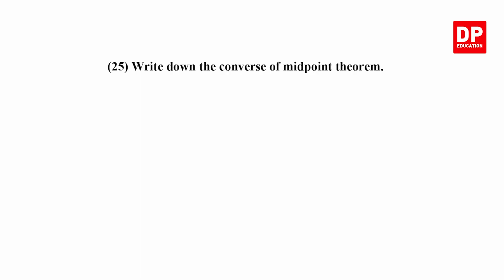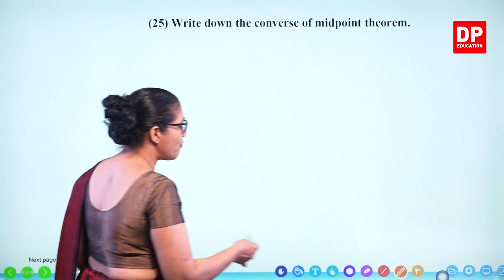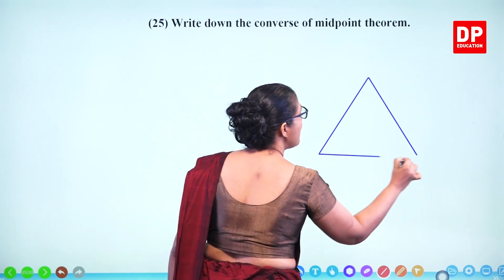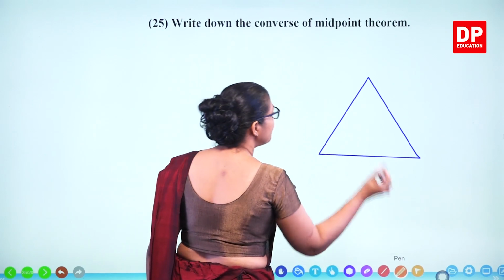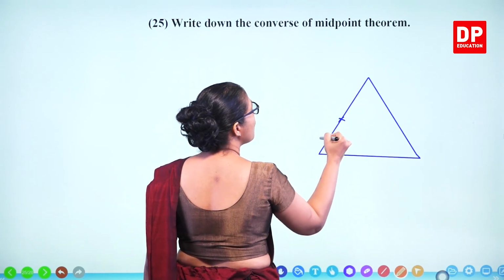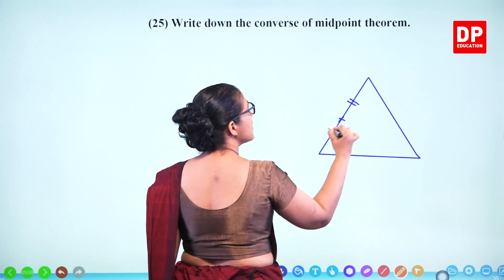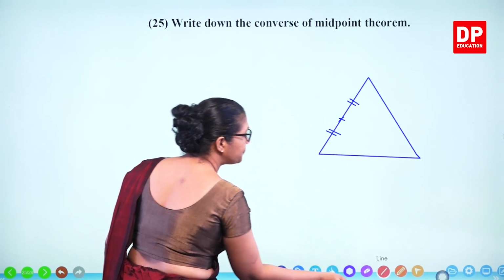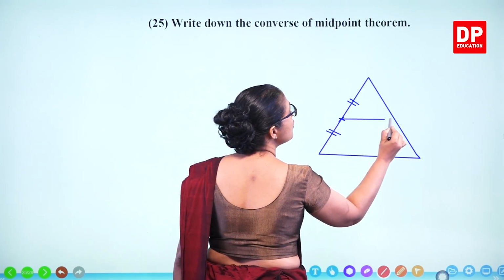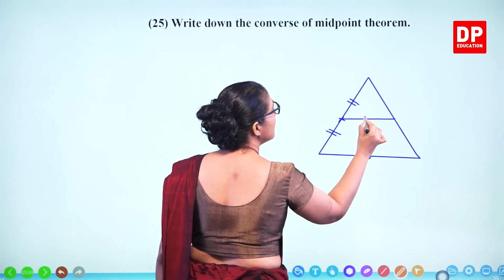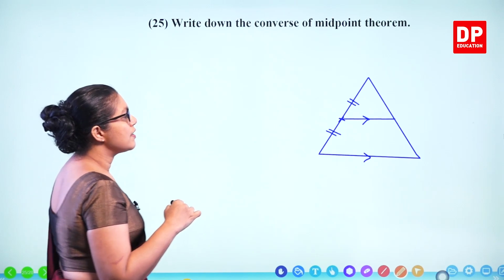Twenty-fifth one. Write down the converse of midpoint theorem. What's the converse of midpoint theorem? So can you remember midpoint theorem? When you take any midpoint of a length, this is the midpoint, and when we draw a parallel line to the third side, what happens?